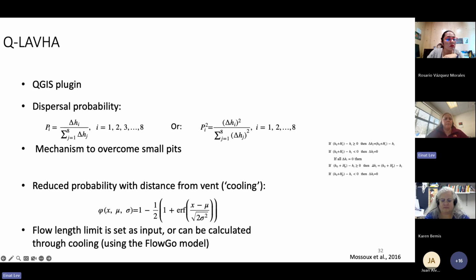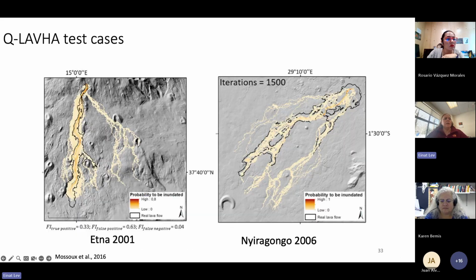We'll get to that. These are some test cases for Etna and Iragorgo from the original paper. You can compare the actual observed flow footprint in the black line and the probability of inundation in the orange color scheme.